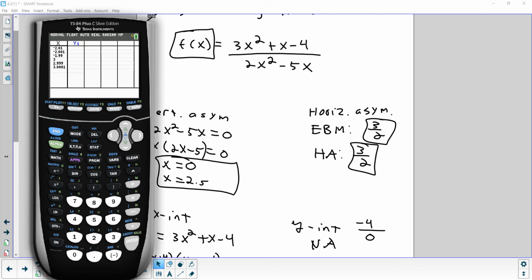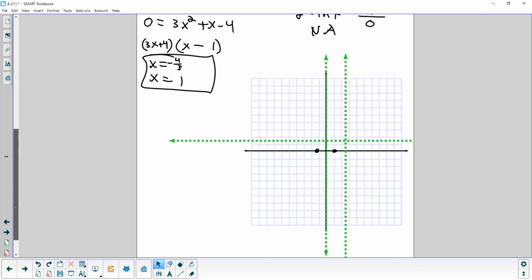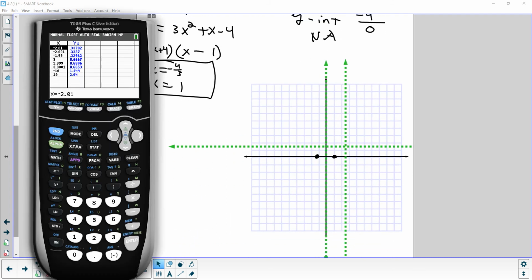All right. So let's think about our vertical asymptotes. We have one at 0. What's the number that's just to the left of 0? Yep.